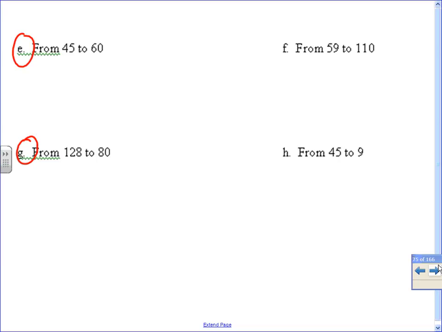E through H. Good question. Okay, finish up the one that you're on, even if it's just letter G, that's okay. Just finish up the one you're on.